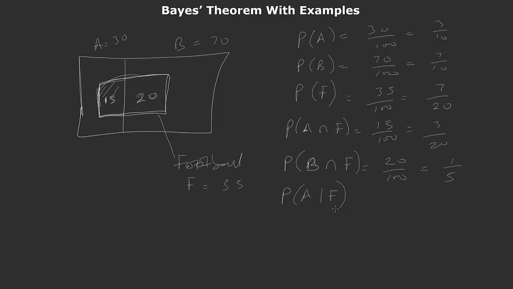So what's the probability that a given student that has declared he or she loves football is in class A, right? This is conditional probability because the question is saying what is the probability that you are in class A given you love football.